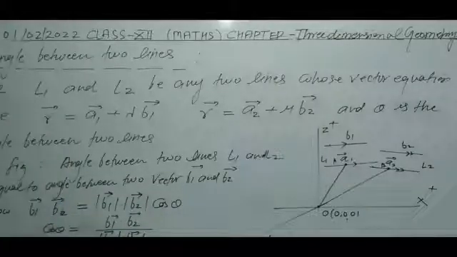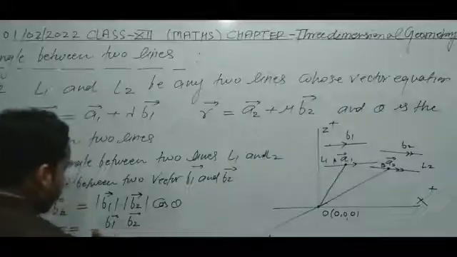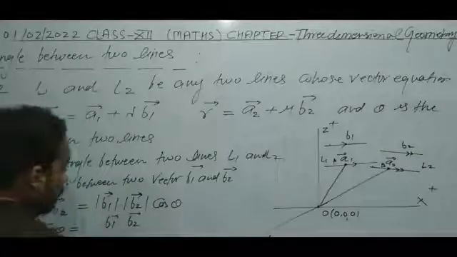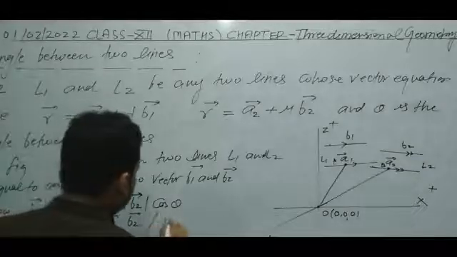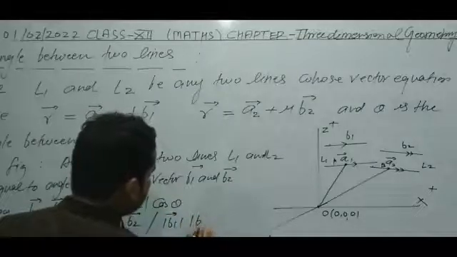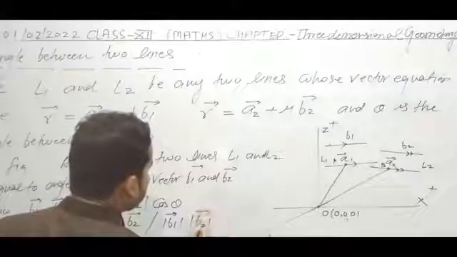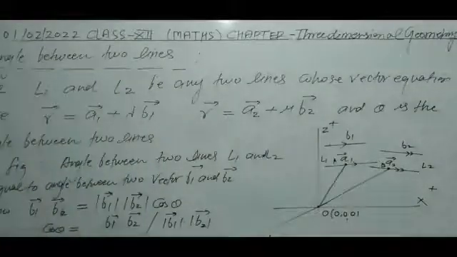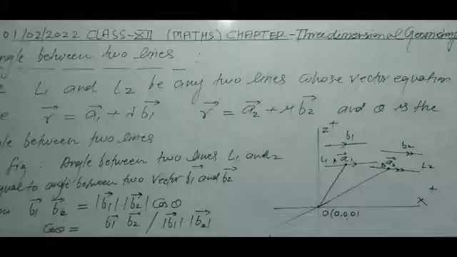So this is the angle between two vectors. This is the formula. Through this formula, we can calculate the angle between two vectors B1 and B2.